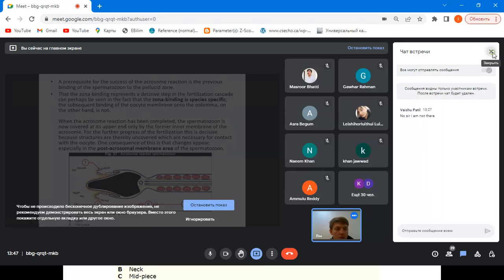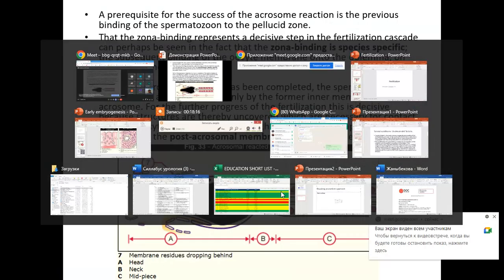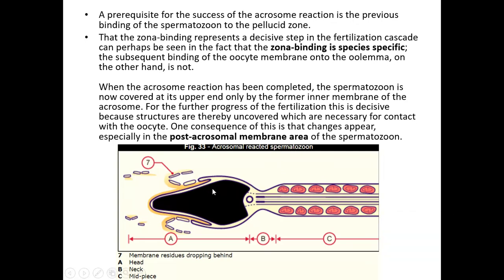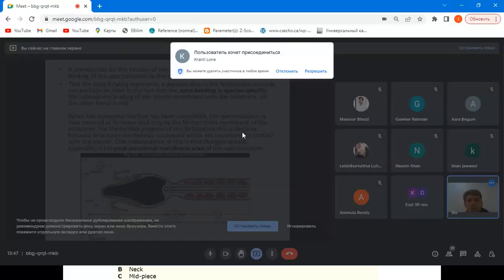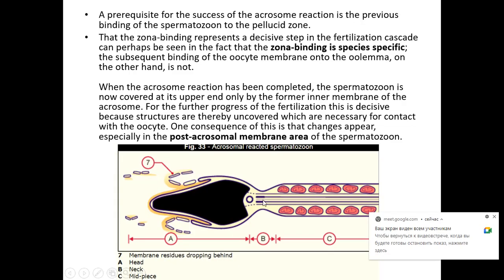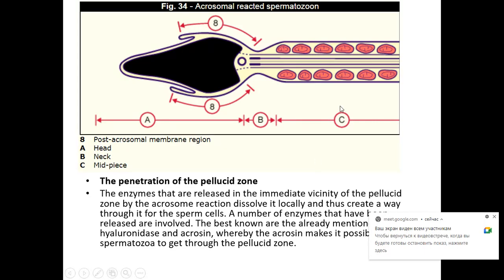Okay, and finally the cell surface is destroyed, and then the head totally penetrates into the space between the secondary oocyte and the zona pellucida. Okay, let's move forward.